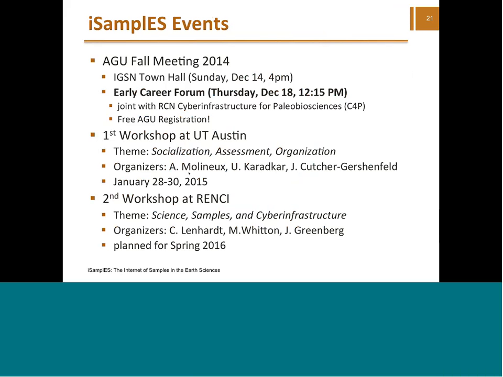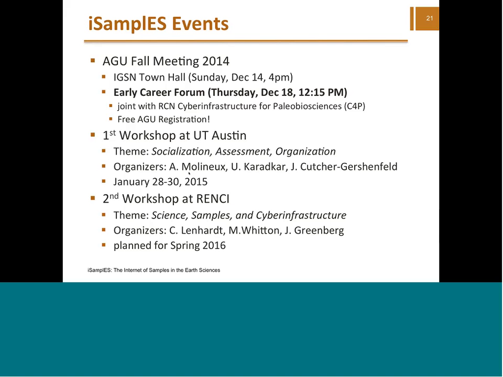It's an information meeting about what's going on with the IGSN, and trying to inform also about a variety of efforts currently focusing on bringing physical objects, physical samples into cyberinfrastructure, including iSamples, but also new task groups and initiatives that are out there.